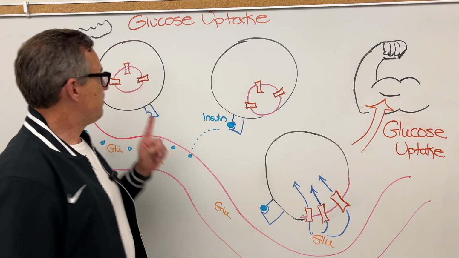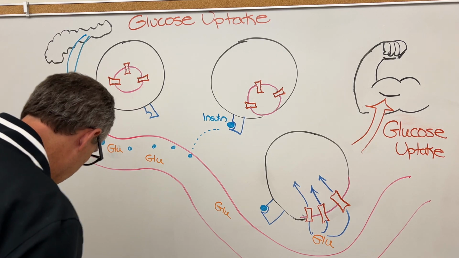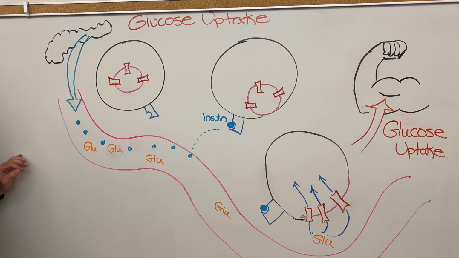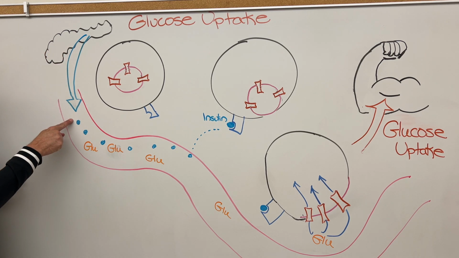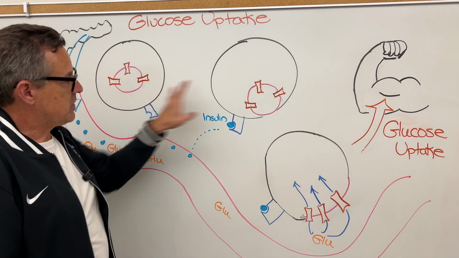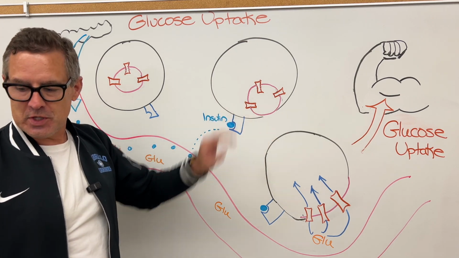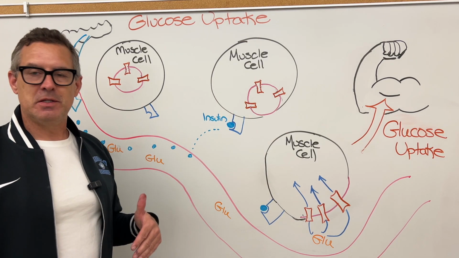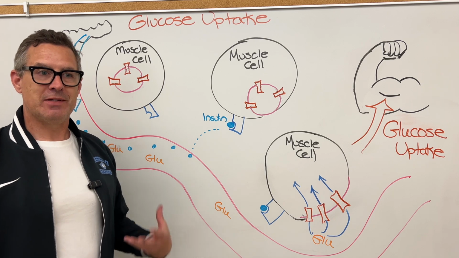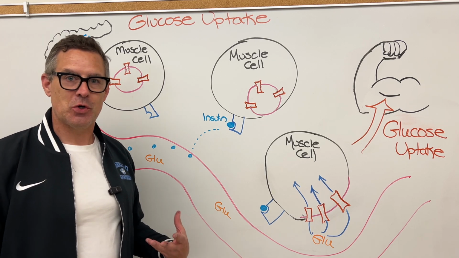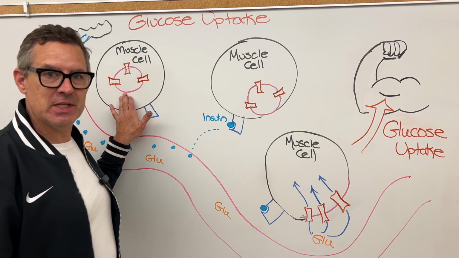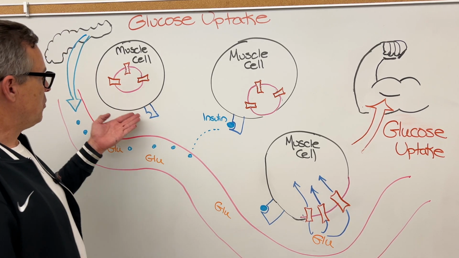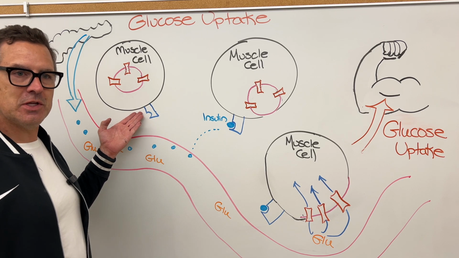So remember, we have insulin released from the pancreas into our blood. Now here, these three cells right here are muscle cells, and muscle cells are insulin dependent. That is to say, during times when exercise is not occurring, muscle cells require insulin to facilitate glucose uptake. So we do not have any insulin bound to this receptor right here.